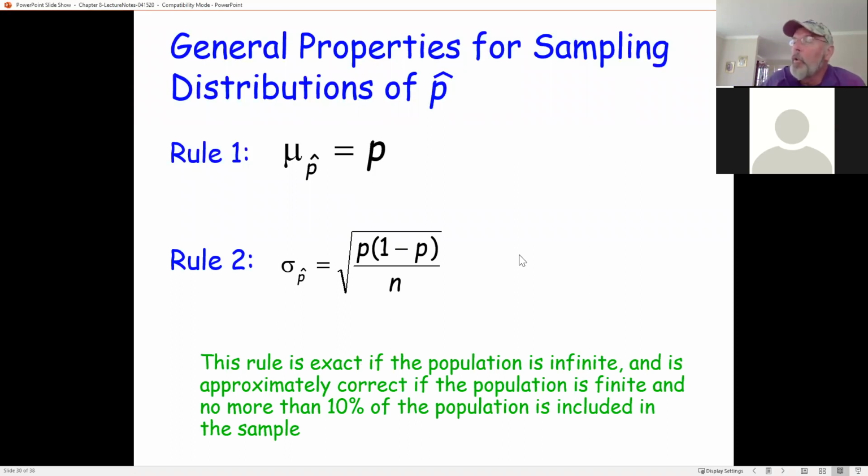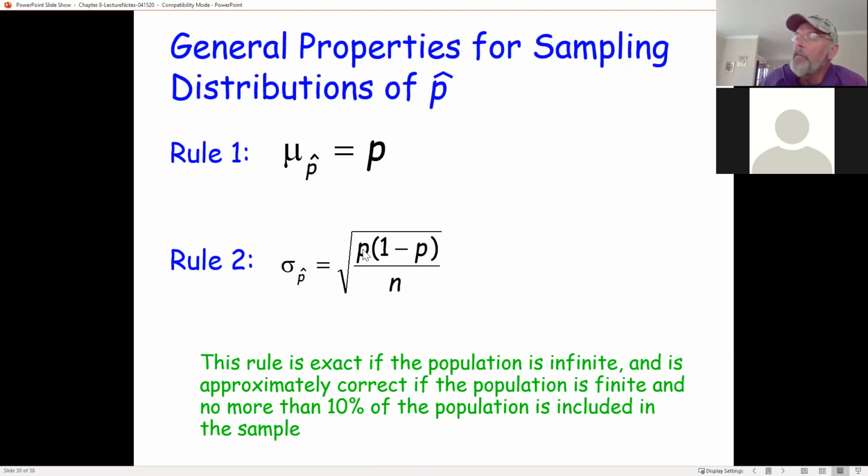And just to be sure that you understand what this term is, this is P, that's this P right here. That's the population proportion. And if we know the population proportion, then we know what the opposing proportion is.